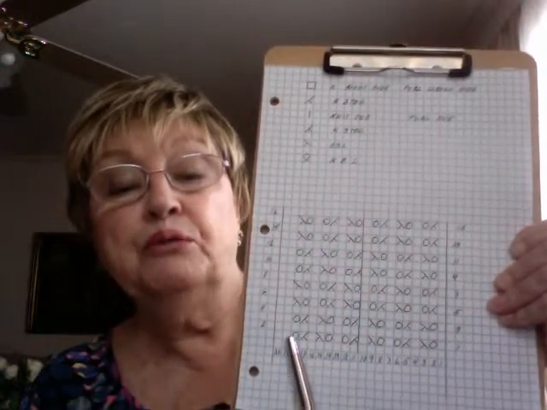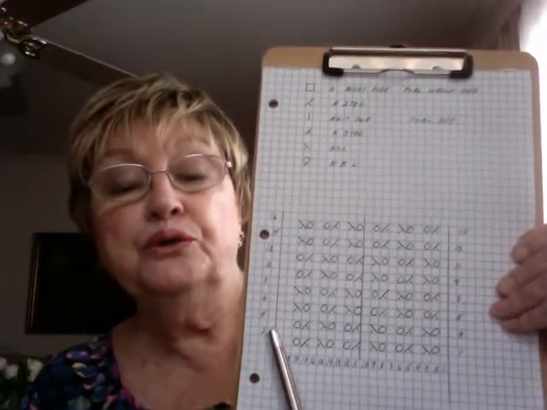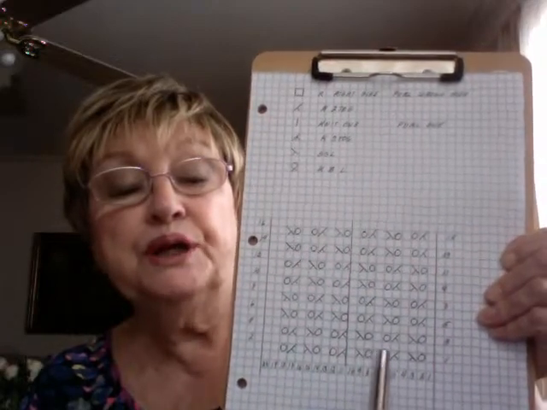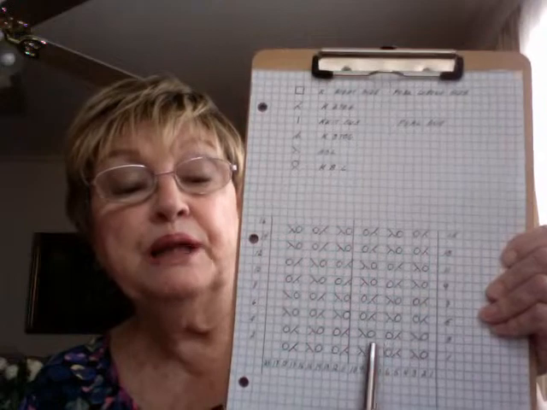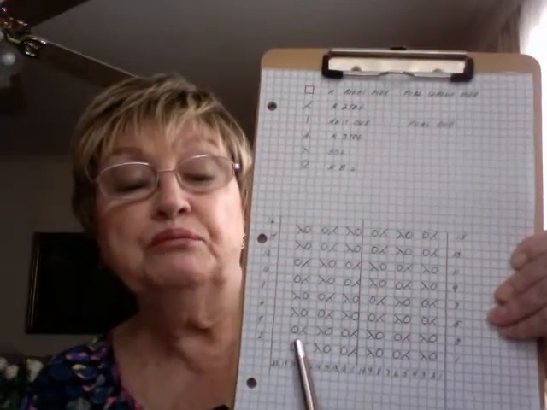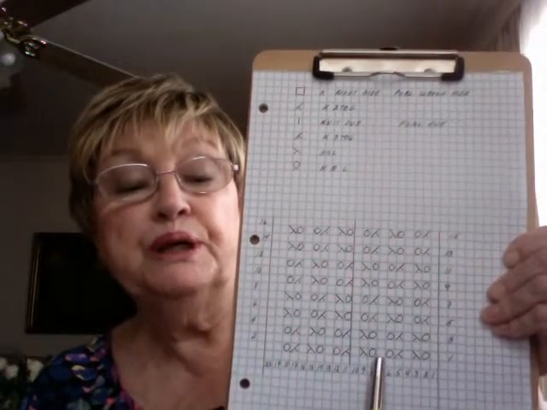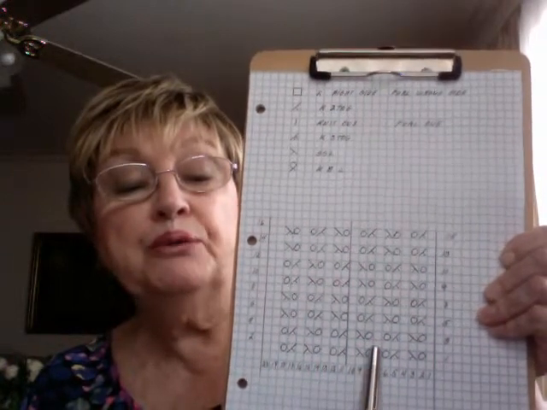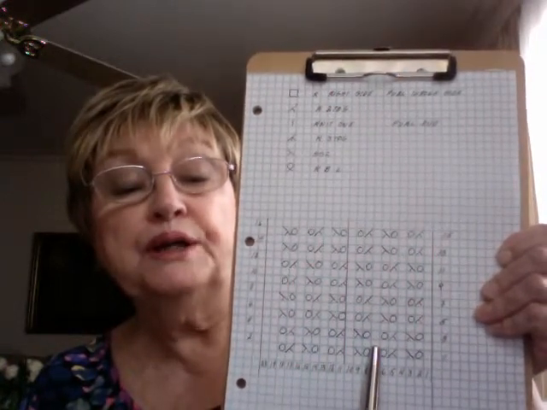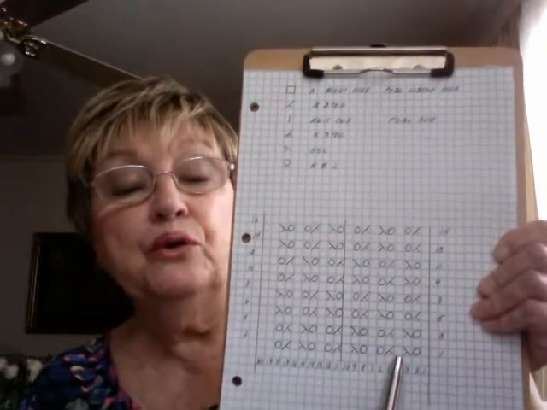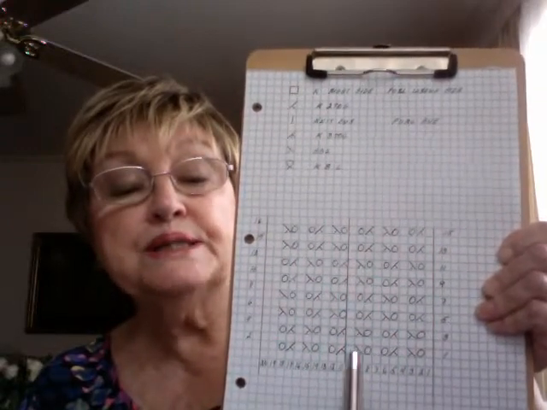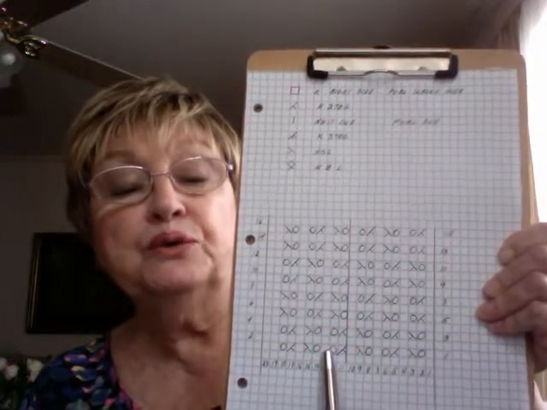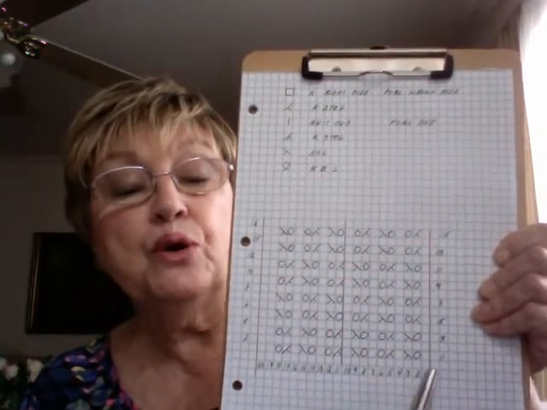Then row number two, you're reading from left to right. When you find blank squares, it means you're going to be knitting on the right side and purling on the wrong side. So all these void pieces mean you knit, yarn over, knit one, yarn over, and so on.